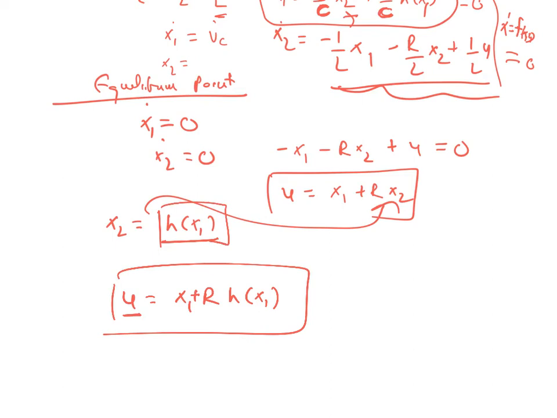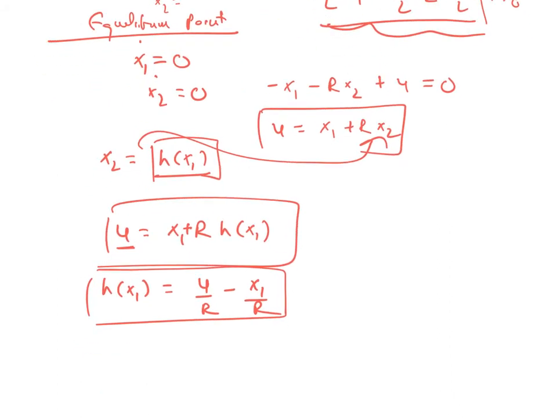Once I find that, my h of x1 will be equal to u by r minus x1 by r. Correct? So this is the equation here, and it's an equation of a straight line in terms of x1.